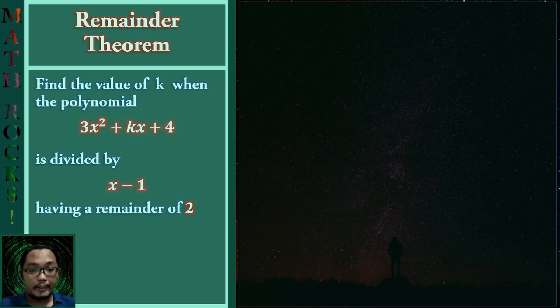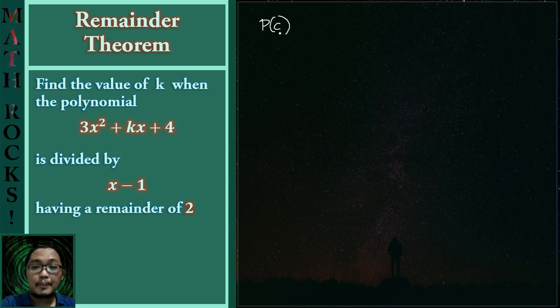And let us have another example. This time, we would like to find the value of k when the polynomial 3x squared plus kx plus 4 is divided by x minus 1, with such condition that the remainder is equal to 2. Remember that the remainder of the polynomial is given by p of c.